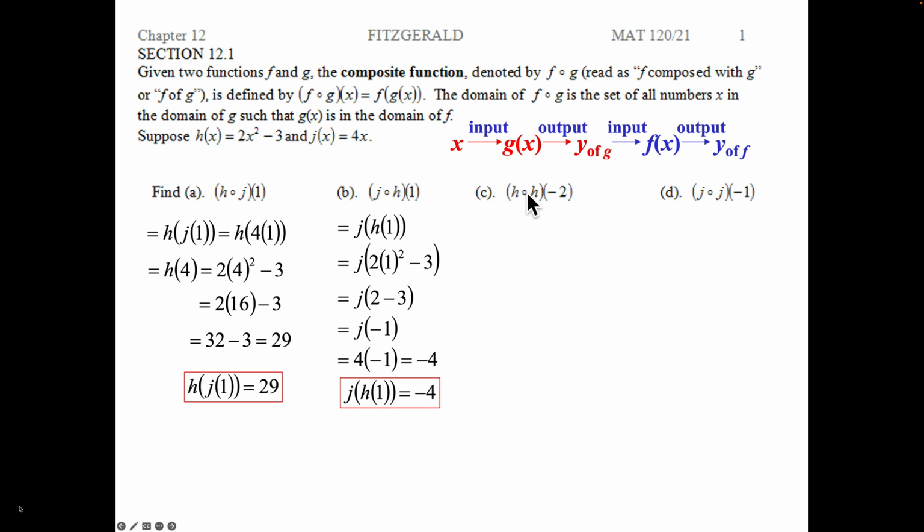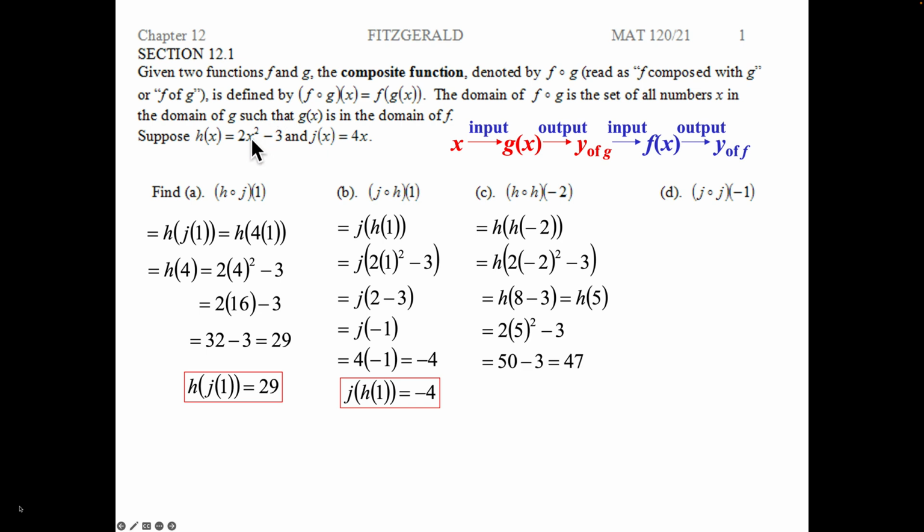We can also have a function of itself, h of h of negative 2. Negative 2 goes into the h function for that x. Negative 2 squared is 4, times 2 is 8, minus 3 is 5. Now that 5 has to go back into the h function one more time. So 2 times 5 squared, 25 times 2 is 50, minus the 3 is 47.